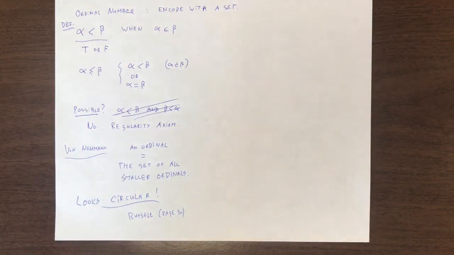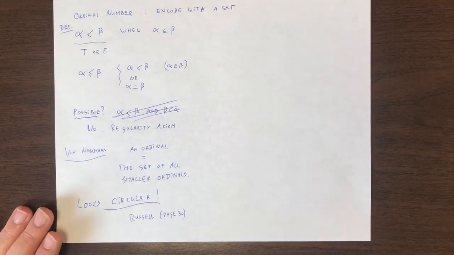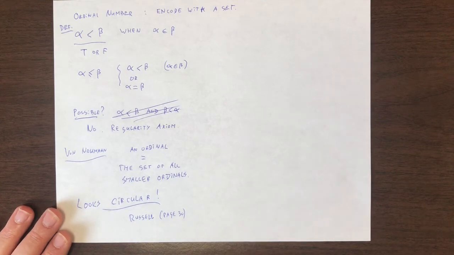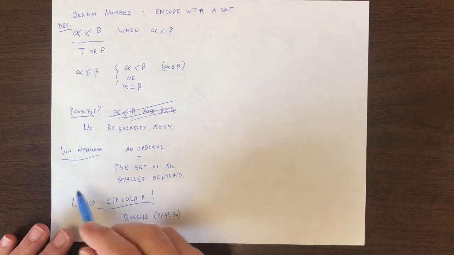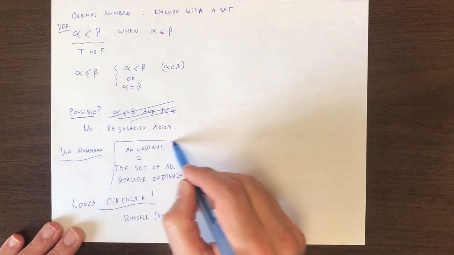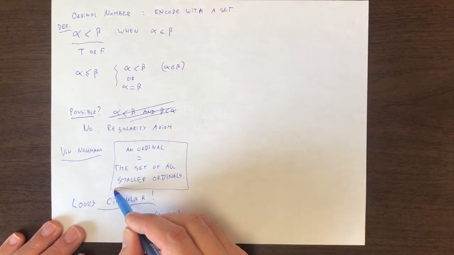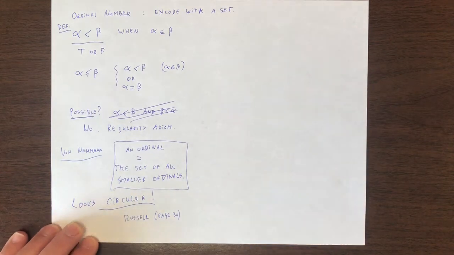So if you allow the set of all sets, then Russell showed that leads to a contradiction, and it's in a way not terribly surprising because circular definitions can lead to contradictions in many ways.